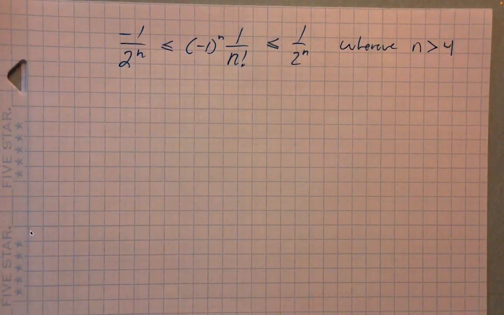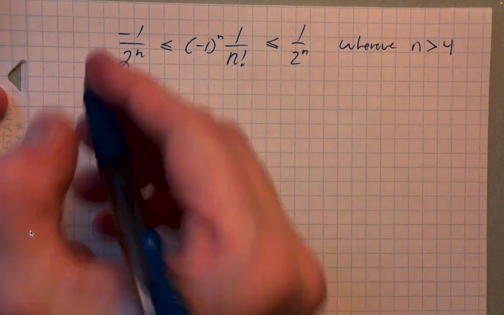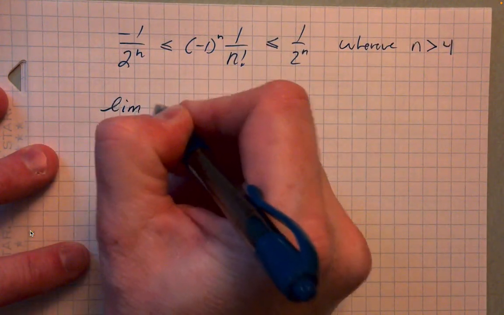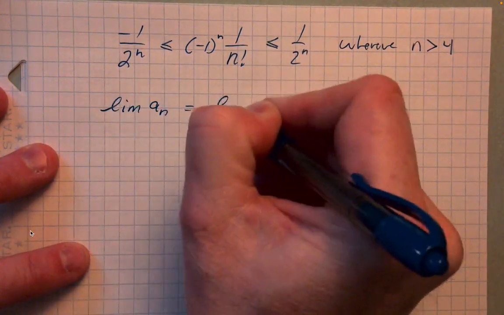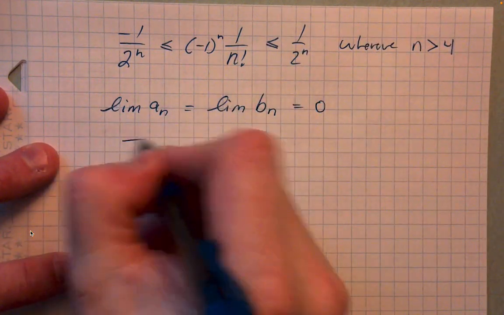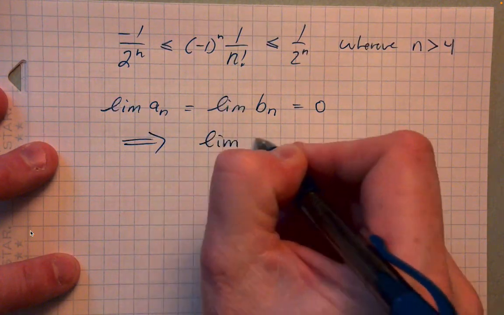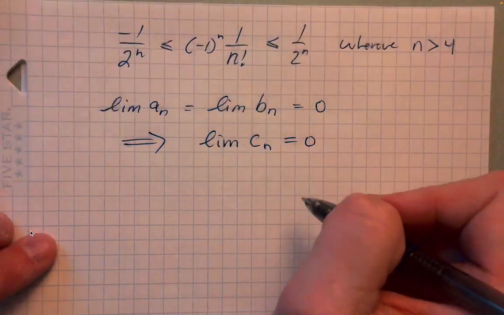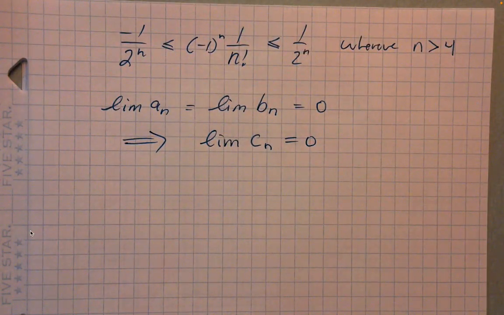So basically, this is the condition that the C sequence has to have relative to the A and B sequences in order for the squeeze theorem to apply. And so we know that the limit of A of n is equal to the limit of B of n, which we said was 0. And so that implies that the limit of C of n equals 0 as well. All right, perfect.